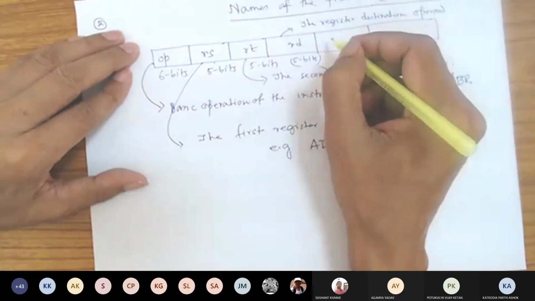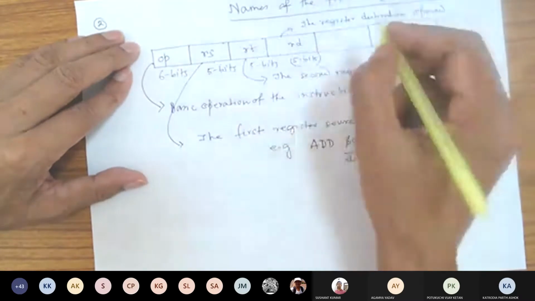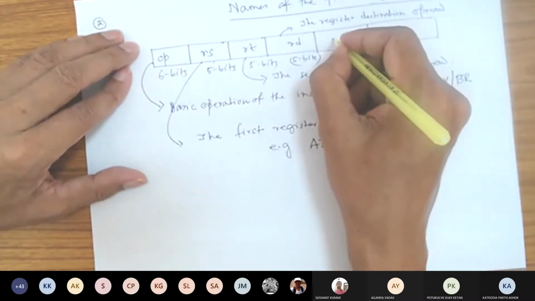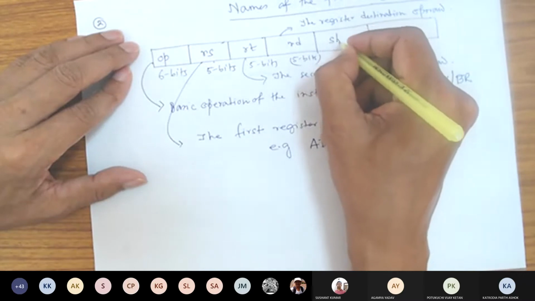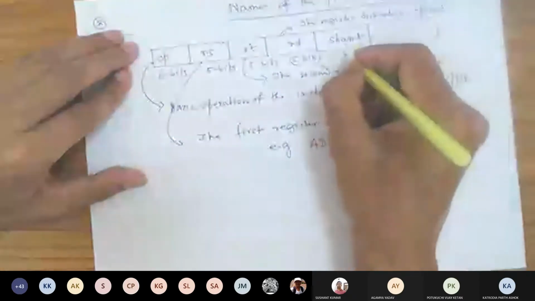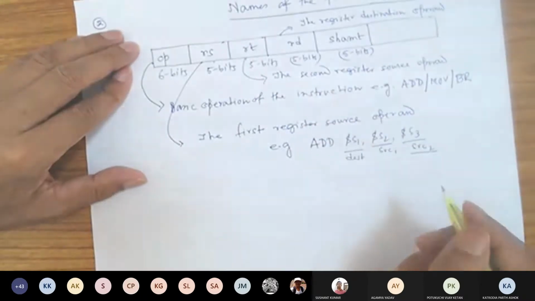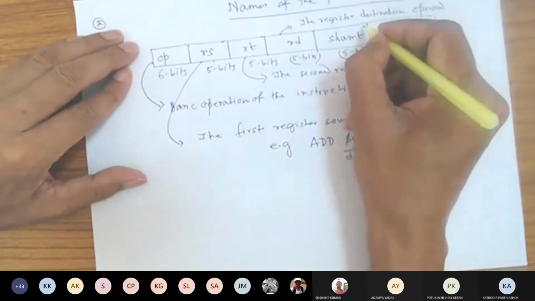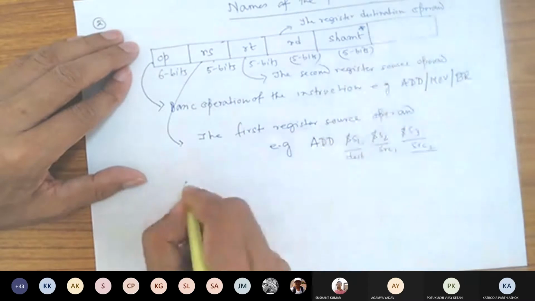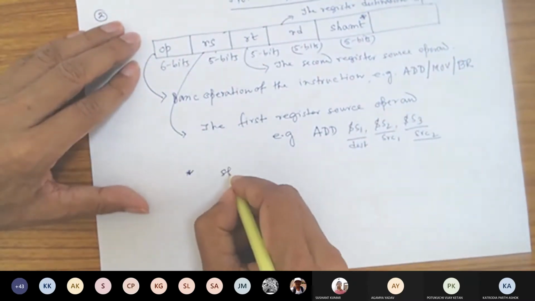The next field is basically a special field which I have not discussed yet. It's basically a shift and it is called SHAMT, which is 5 bits. It's called shift amount.